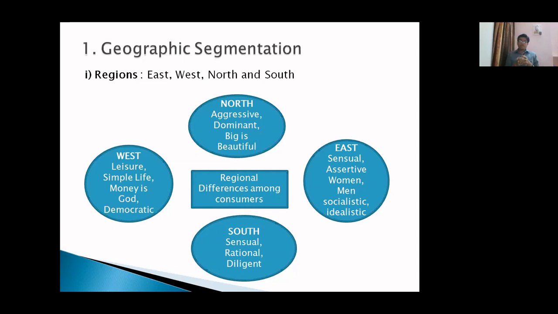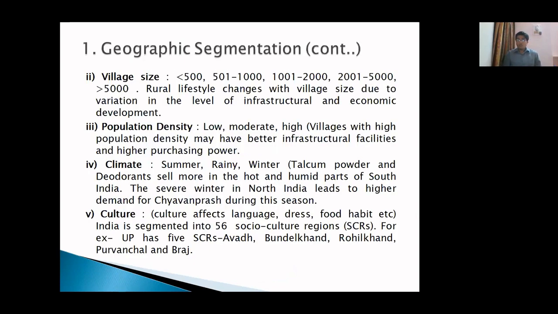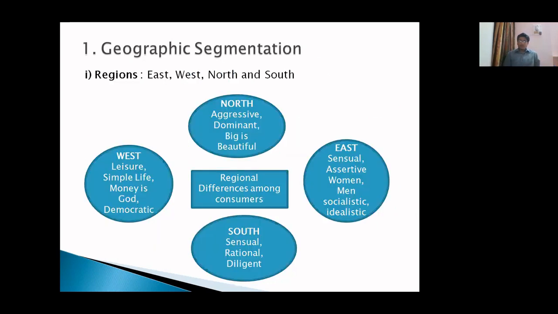Geographic segmentation includes region, village size, population density, climate, and culture. Now, a country like India has very diverse geography.